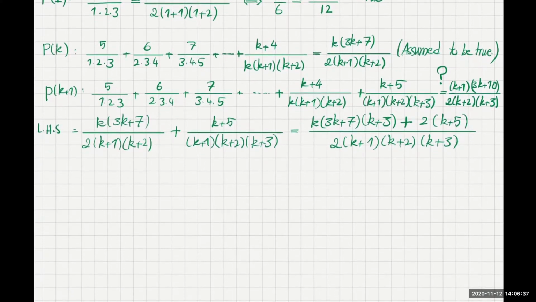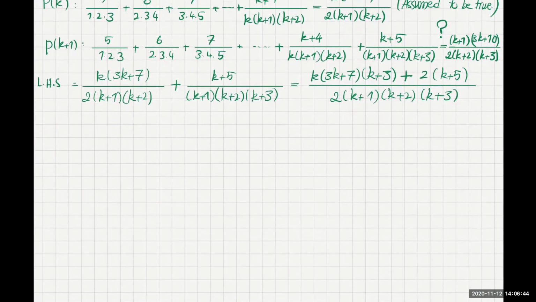But factorization of these is not that easy because this is a third degree polynomial here. Let us see how it goes, okay? So what I'm saying is that I will keep the denominator untouched. So this is 2 times k plus 1, k plus 2, k plus 3.